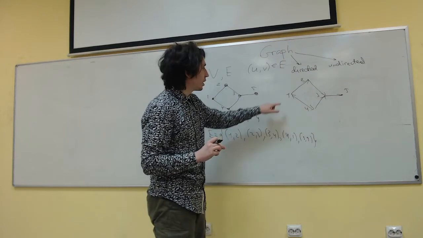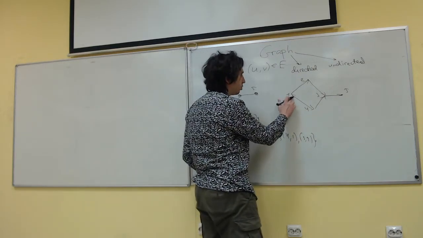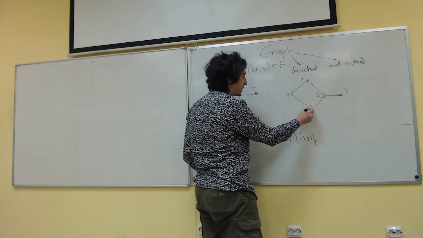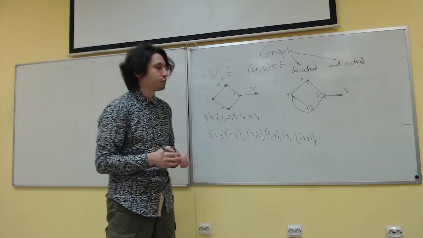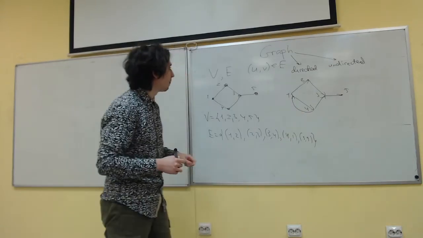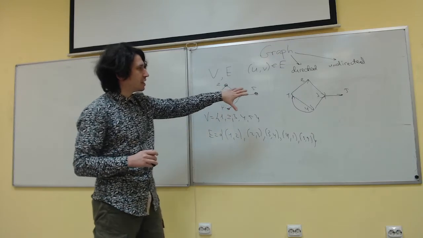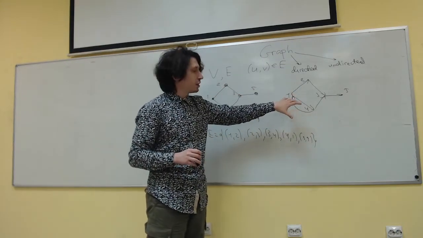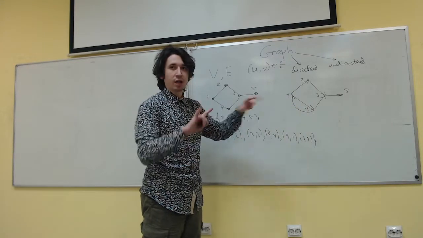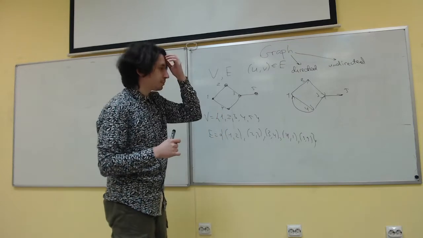So there is an edge from 1 to 4 and from 4 to 1. So it's simpler to draw like this, but in reality it is something like that. So there are two different edges from 1 to 4 and from 4 to 1. And you can think of an undirected graph as a directed graph, but where each edge has two directions, like this 1 to 4 and 4 to 1.